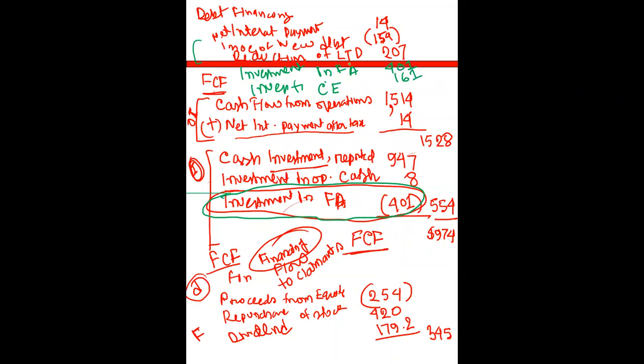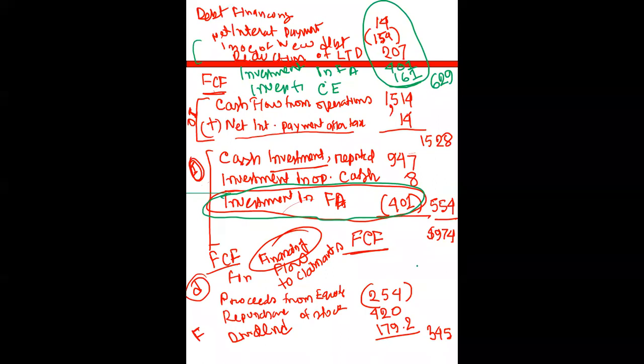Now you see, if you add all of this, how much payment in net you have made to the financiers, or sorry, the debt holders? In total, you are making payment of 629.